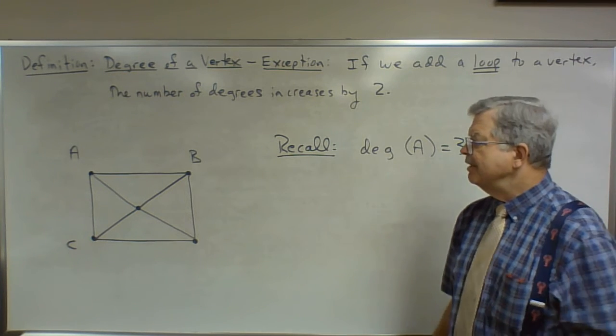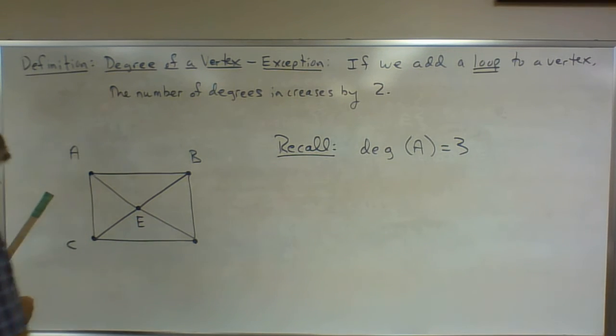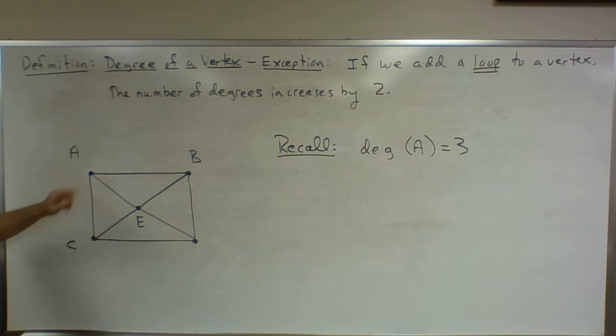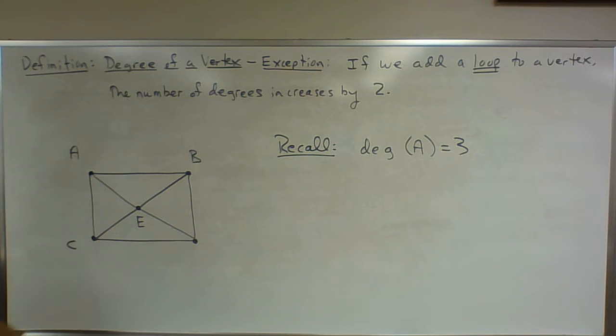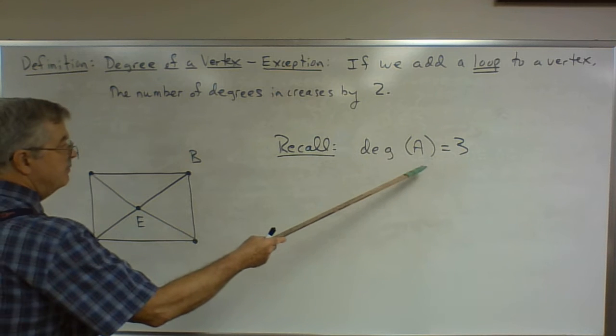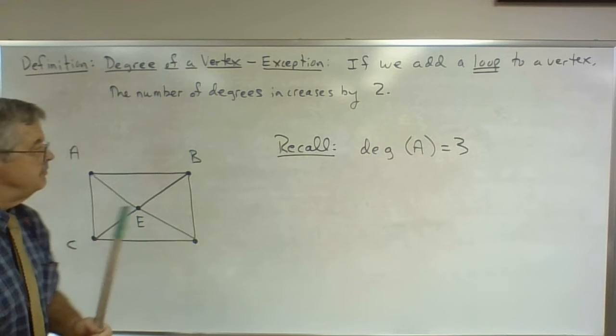And let's just look at our last example. Vertex A, 1, 2, 3, it has degree 3. From our last example, remember, it had edge AB leaving A, edge AE leaving vertex A, edge AC leaving vertex A. The degree of A is 3. What happens if I do this?